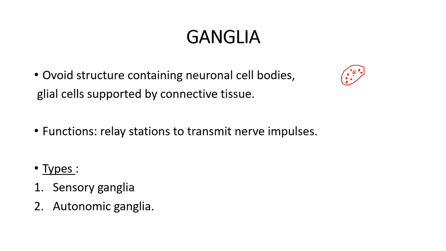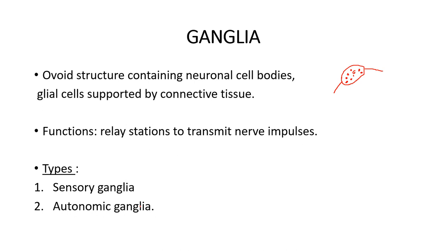The function is that it serves as a relay station and transmits impulses, the nerves giving information and taking them out. So microscopically they are divided into two broad types, sensory ganglia and the autonomic ganglia.